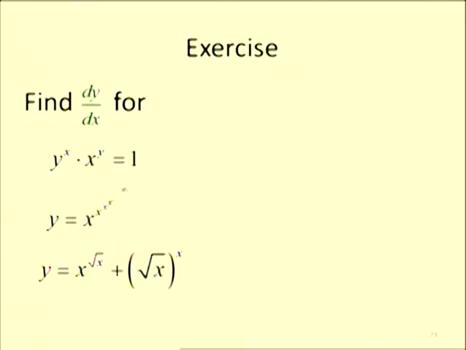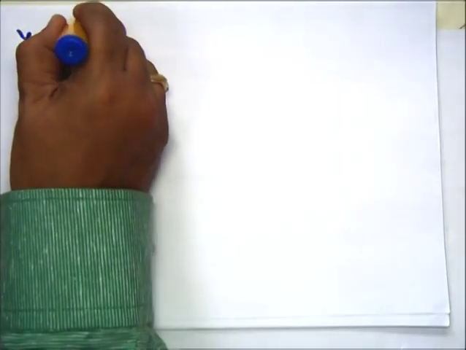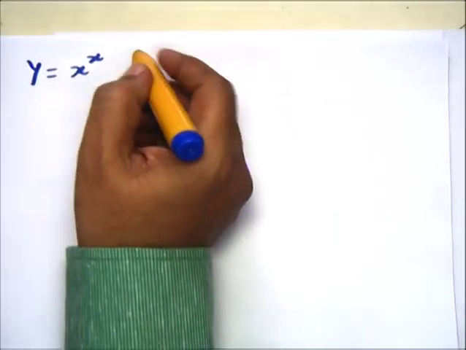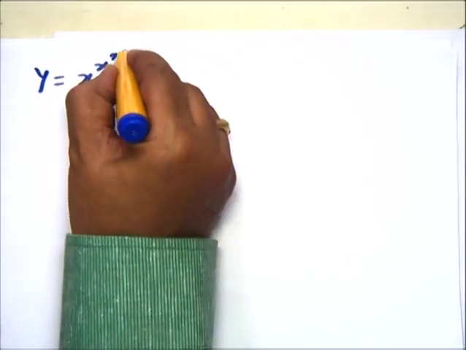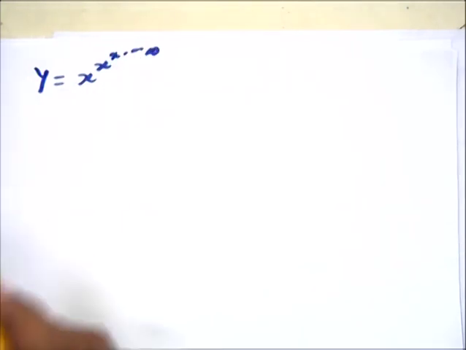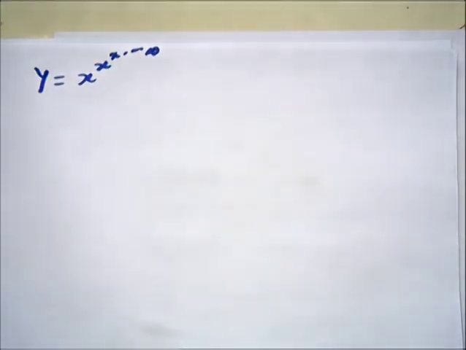Now one more example from the exercise, let us see. So the next example is y is equal to x raised to x raised to x raised to x, infinite times.